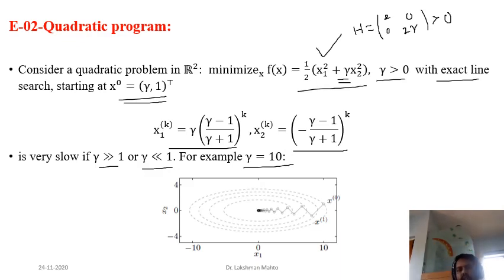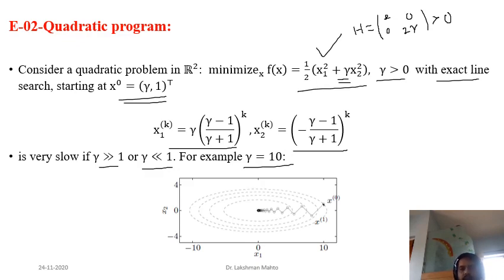But that is all about theory. When you go for a practical approach to find the optimal point, you need to apply some iterative algorithm. When you apply gradient descent here, starting from this initial point, you will see a very zigzag path, and it takes time to converge to the optimal point.